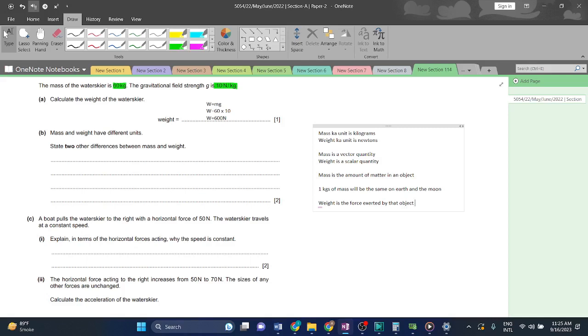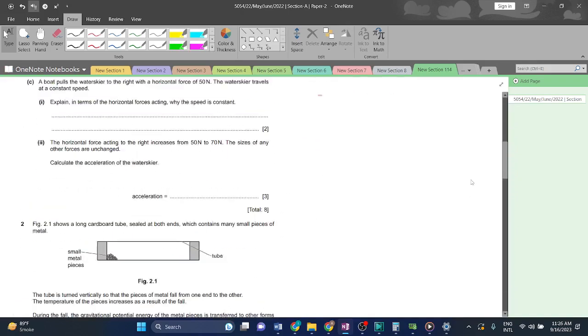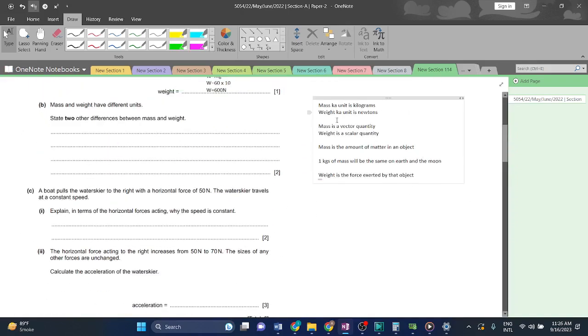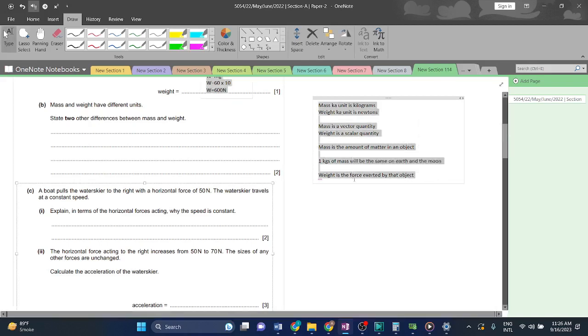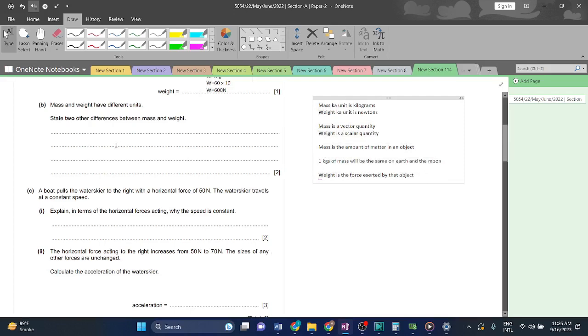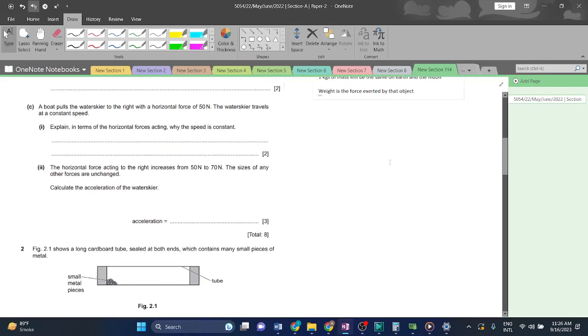These are the differences between mass and weight. You can write this: mass is a vector quantity, weight is a scalar quantity. Mass is the amount of matter in an object, weight is the force exerted by that object. So yeah, these are the two differences.